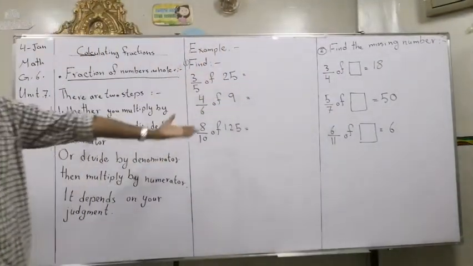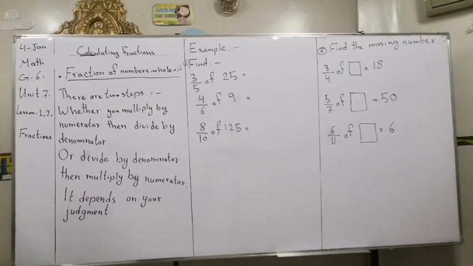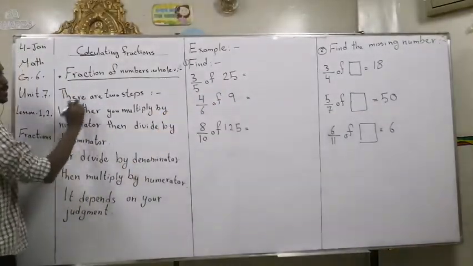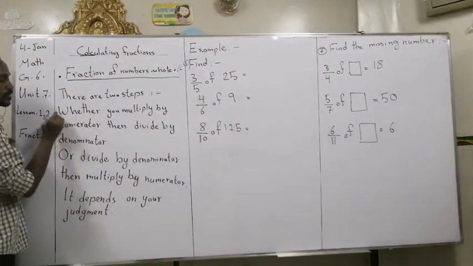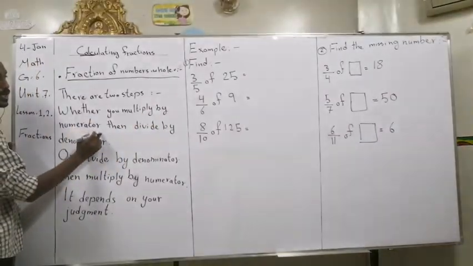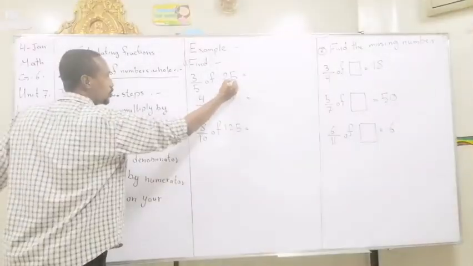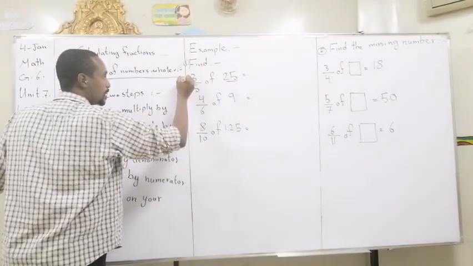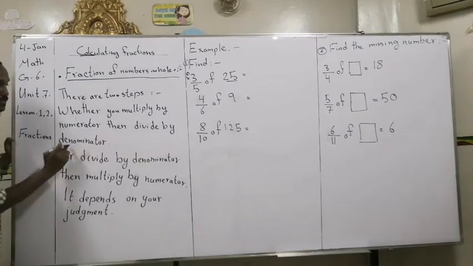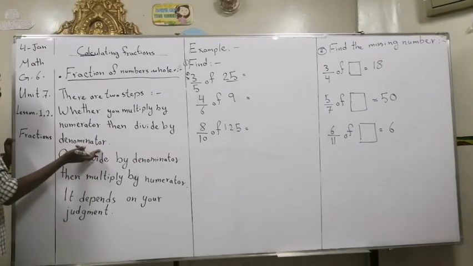To know how to calculate fractions of numbers, then we're going to study how we use it in word problems. To calculate the fraction of a number, there are two steps. Either you multiply by the numerator, then divide the answer by the denominator.